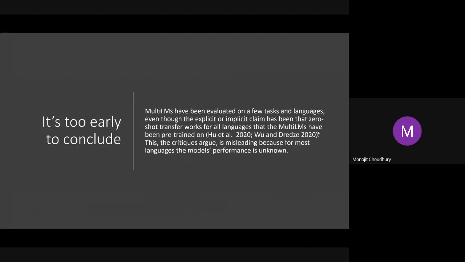In our own experience, we were testing one particular model, Turing, which is the Microsoft internal model, for a POS tagging task, and we saw that Marathi accuracy was very low. We asked them if they had any clue, and they said no, we never tested it on anything for Marathi. Just to give an example, so you try with new languages and you will find newer things, right? So that's why one criticism is it's too early, and we should not say that all the current models or techniques should be replaced by this multilingual zero shot learning.